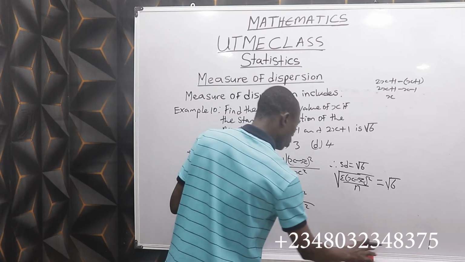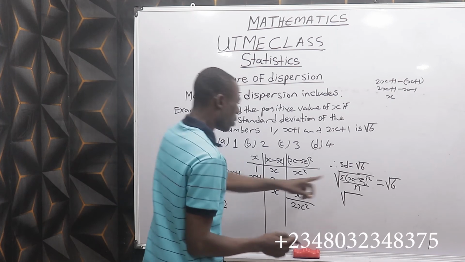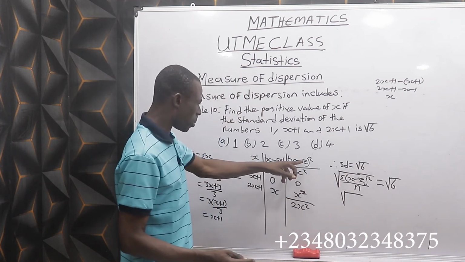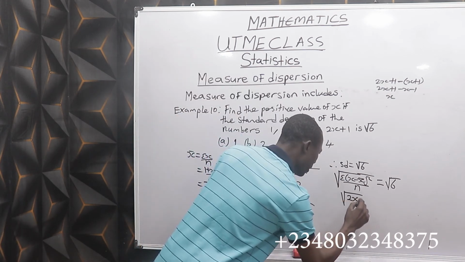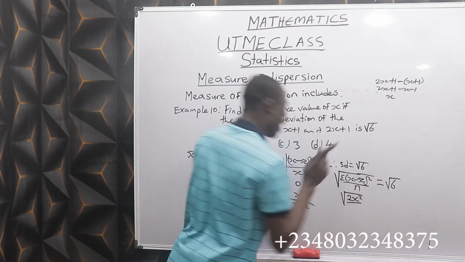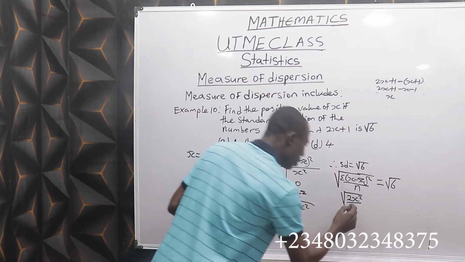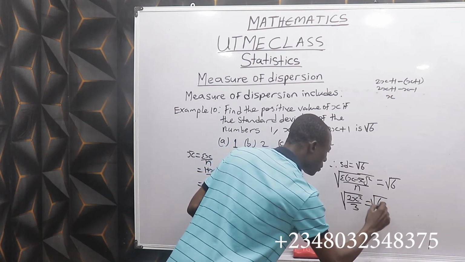Now that it is equal to square root of 6, it means square root of summation x minus x bar square. This is x minus x bar square, 2x square. 2x square divided by n. N is the number of items. 1, 2, 3. That is 3 equals square root of 6.